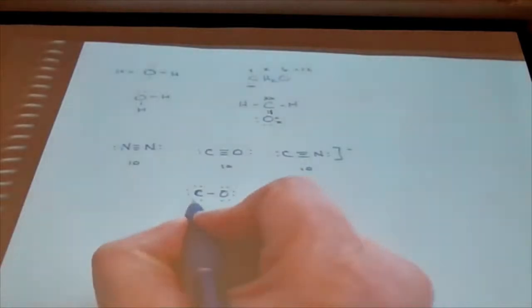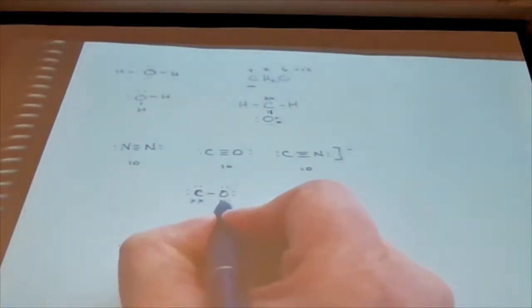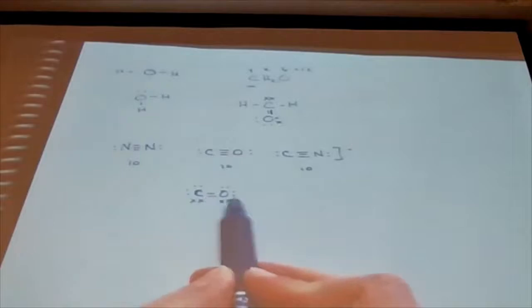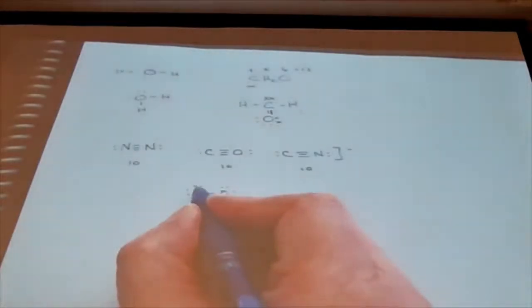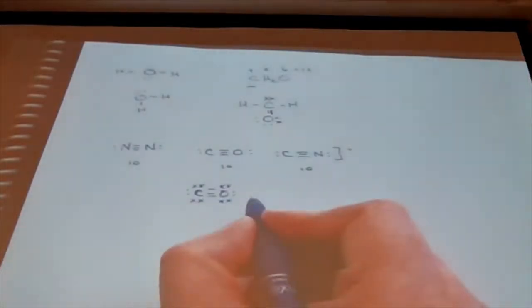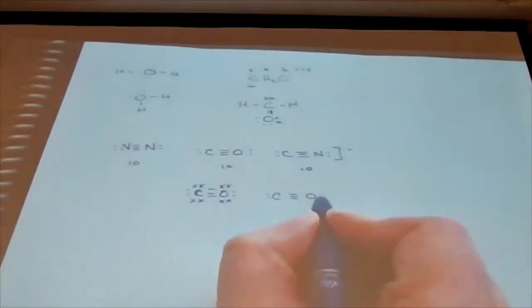So I remove a pair from each of these atoms and replace that with a bond. Then I go 2, 4, 6, 8, 10, 12. I still have too many. So I remove another pair from each atom and replace it with a bond. If that's too messy looking, I write it over without the X's on it.